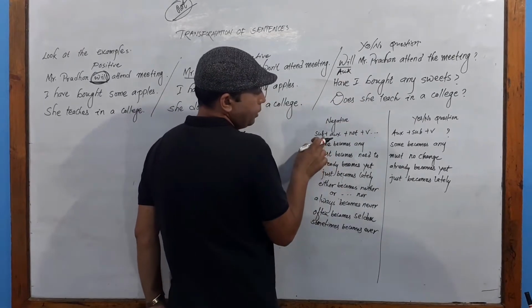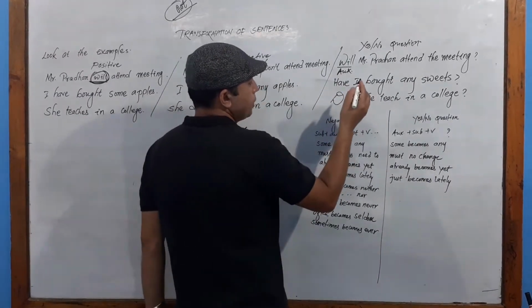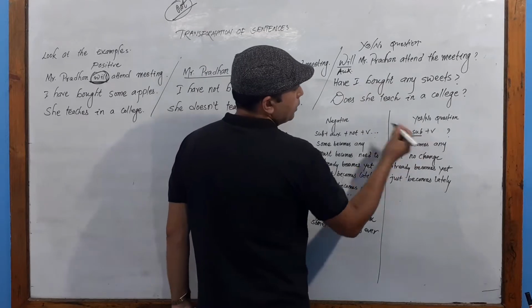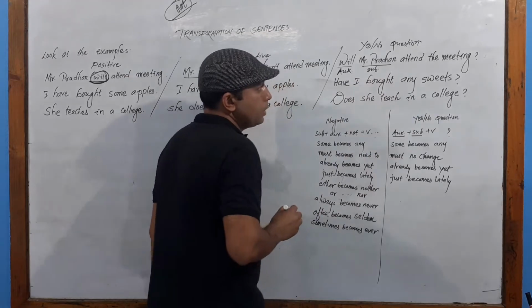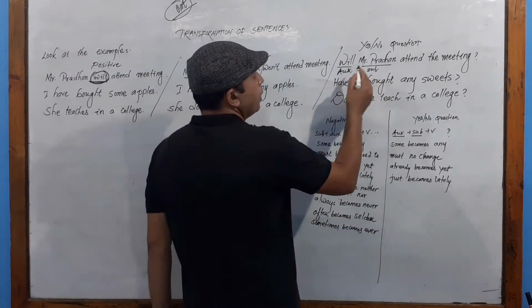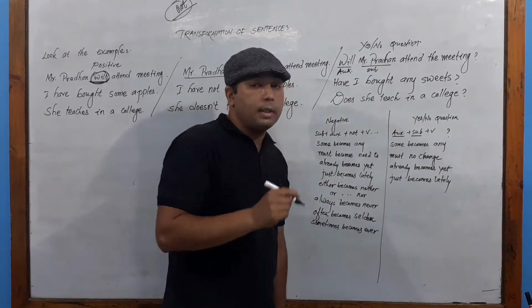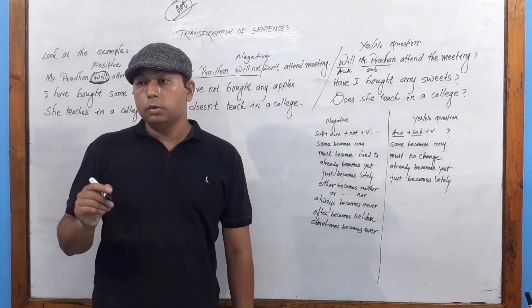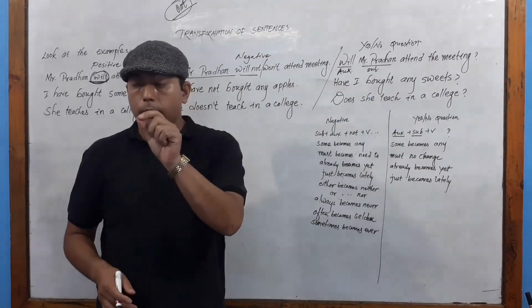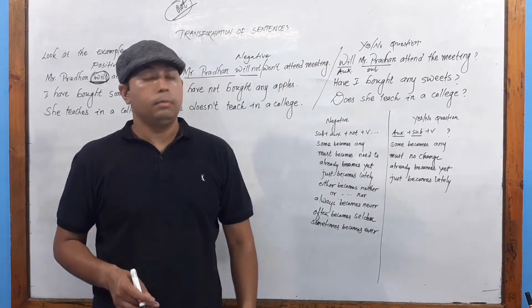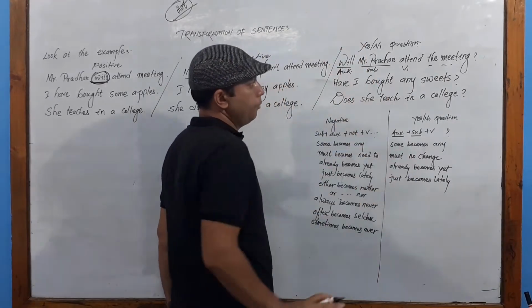Then the subject, Mr. Pradhan. After shall, will, may, can, could, would, all these modal verbs, what should be written? The form of the verb will always be one. Verb only. So the verb is here. Then the others are the same.